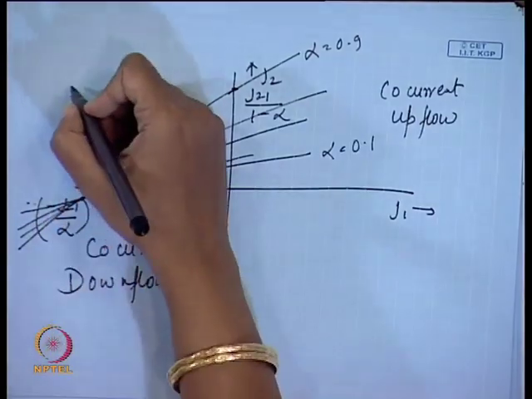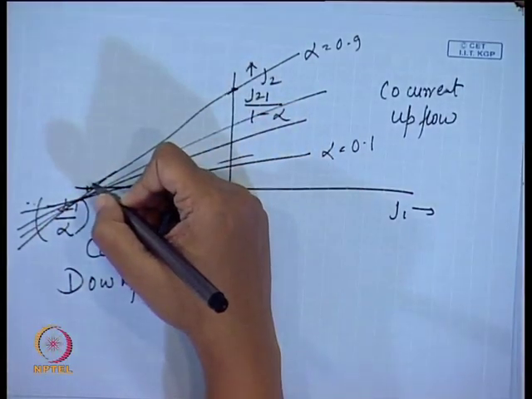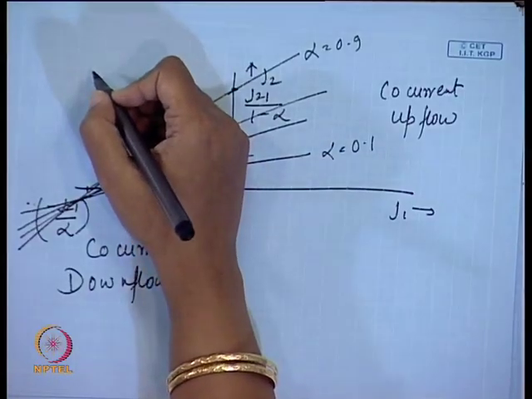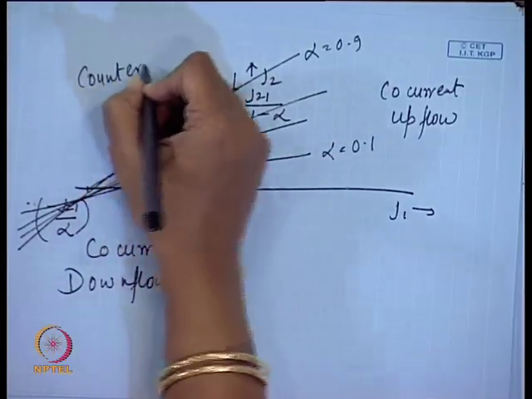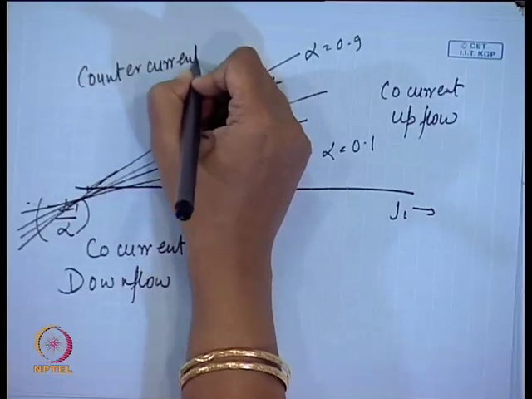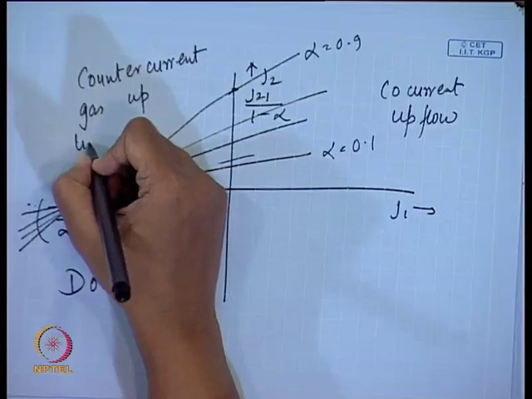Here J2 is positive, J1 is negative. So, J2 positive, J1 negative means it is counter current with gas up, liquid down.